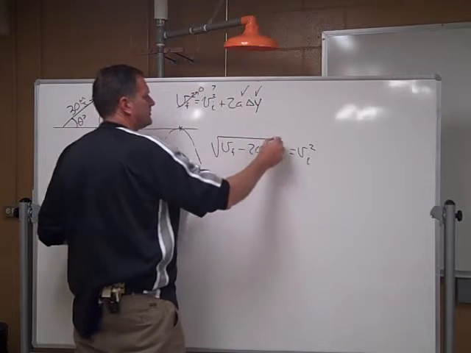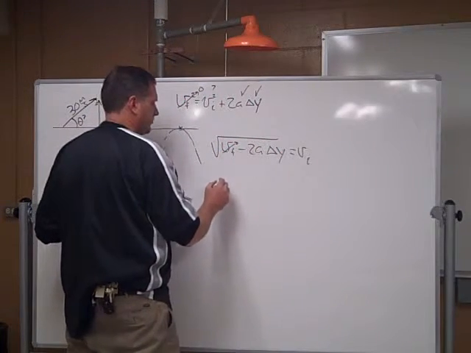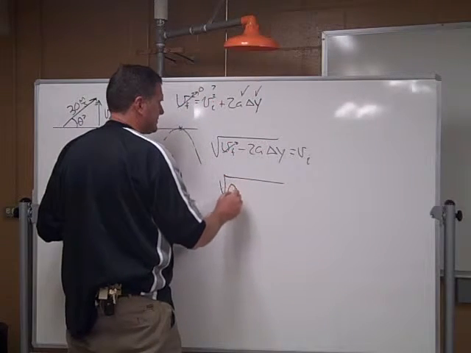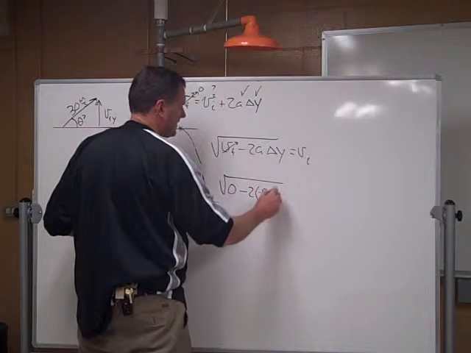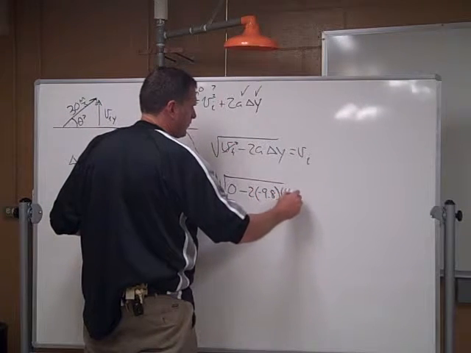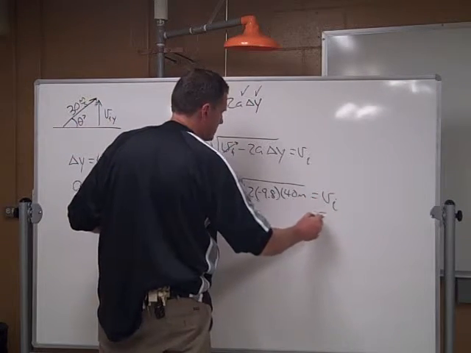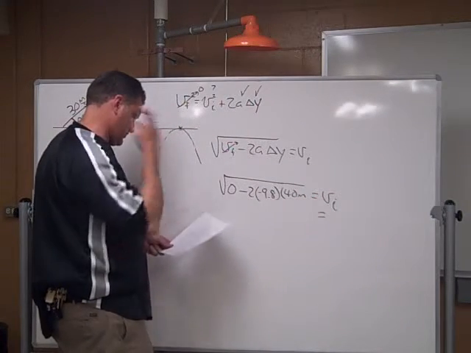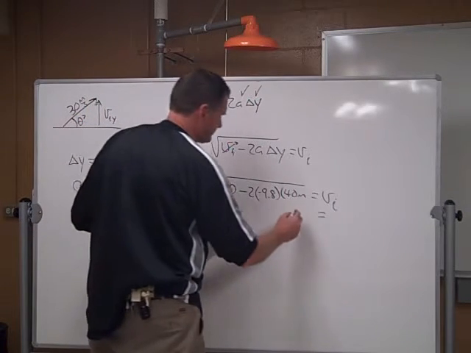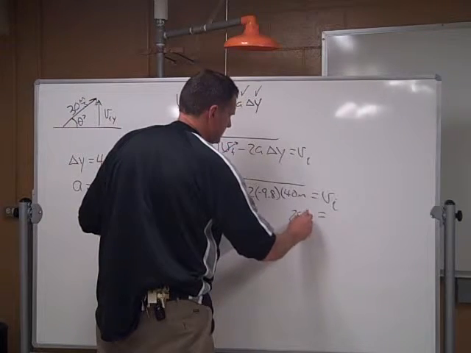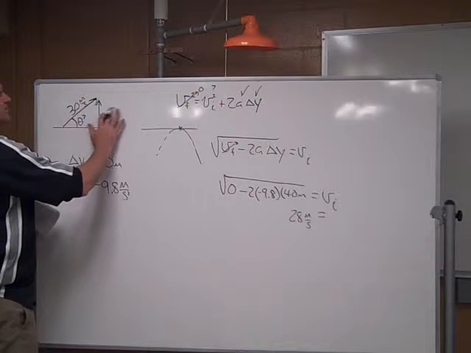Let's take the square root. This is 0, so we end up with the square root of 0 minus 2 times negative 9.8 times 40 meters is equal to velocity initial. And with that, we get 28 meters per second. So we know this is 28 meters per second.